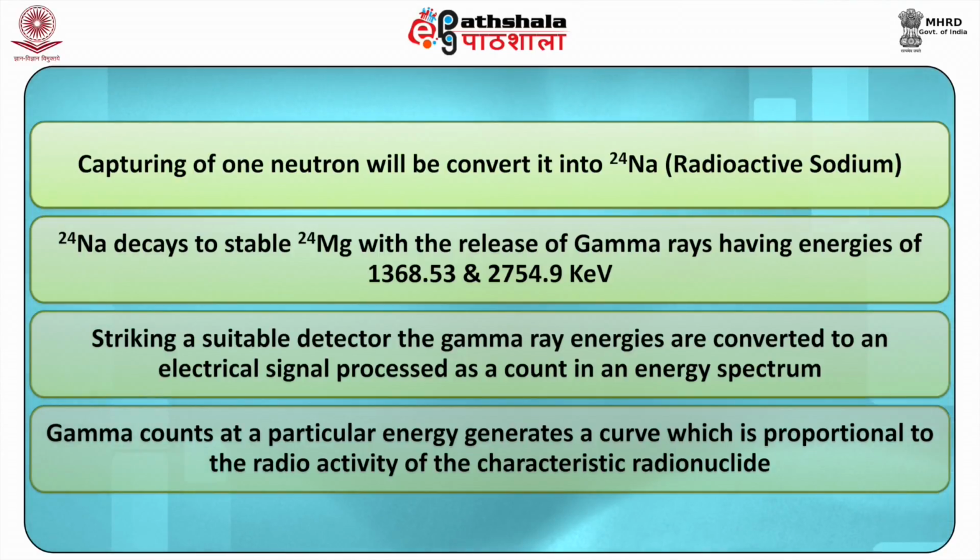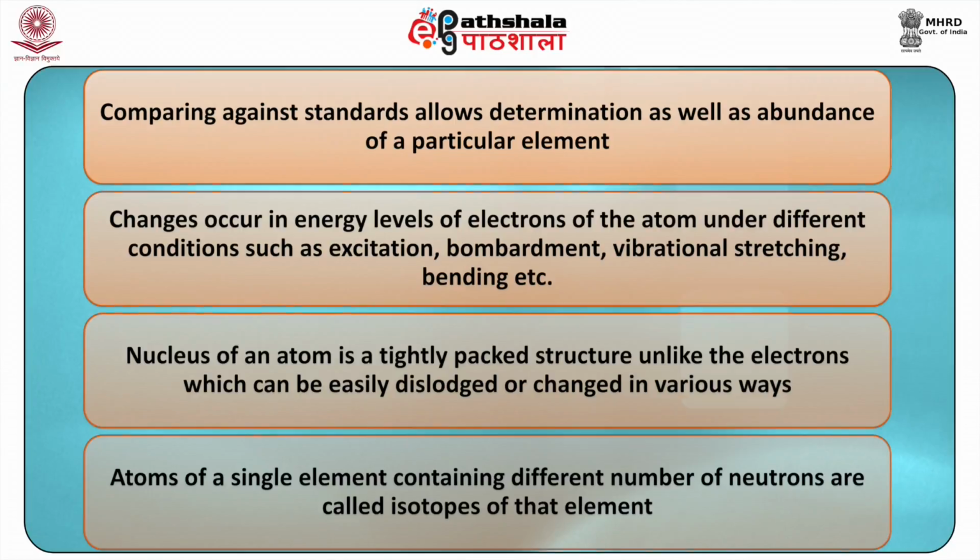The accumulation of gamma counts at a particular energy generates a curve, the area of which is proportional to the radioactivity of the characteristic radionuclide. Comparing against standards allows determination of the abundance of a particular element.